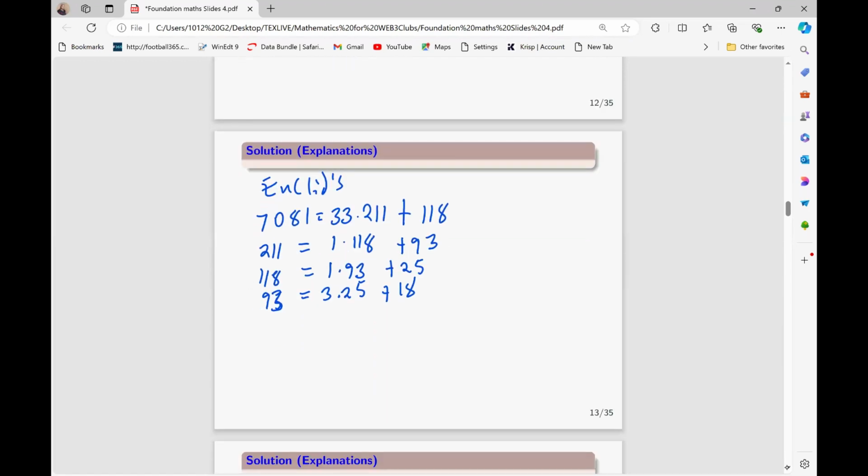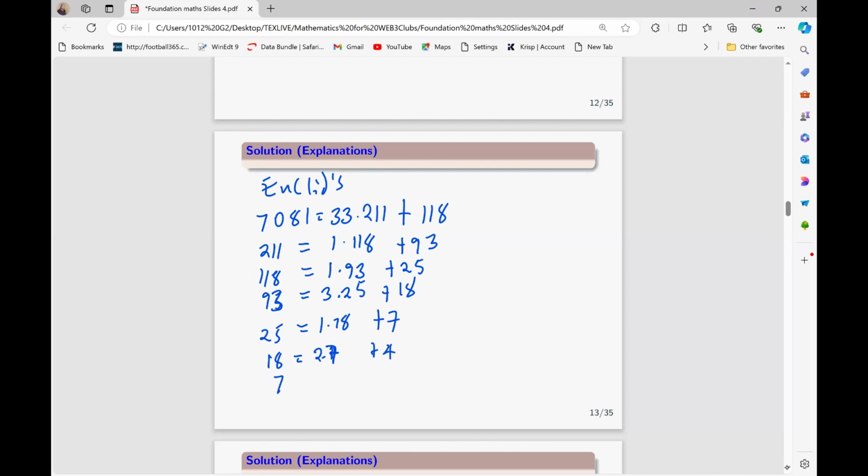Then 18 into 25 goes once. The remainder is 7. And then 7 into 18 will be twice. The remainder will be 4.